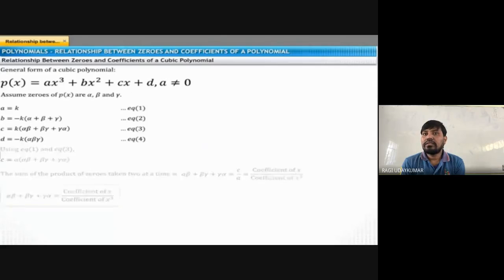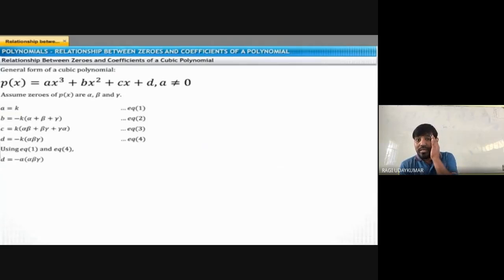And the next thing is that when you use equation 1 and 4 into consideration, alpha beta gamma is equal to minus D by A, you are going to get.